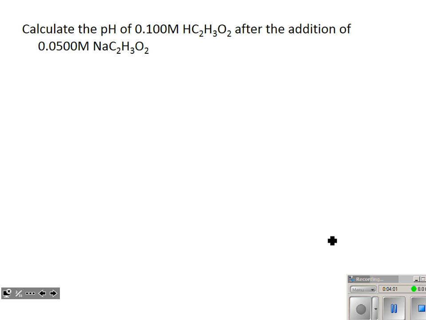What we have here is our 0.1 molar acetic acid, and we're adding to that 0.05 molar sodium acetate. You could also do this with a solid and figure out the concentration once that solid dissolves, but I've been kind and given that to you already. So I'm just going to rewrite the equation here for our equilibrium scenario.